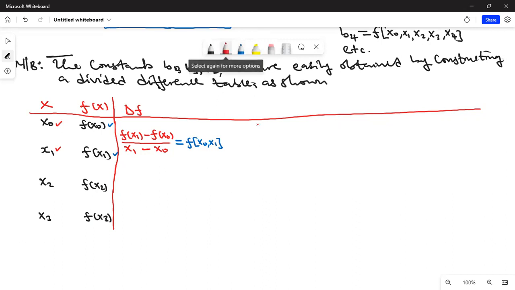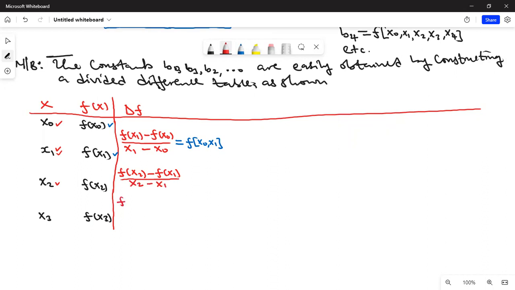Again, this other one: take f of x2 minus f of x1, and you have to divide by x2 minus x1.